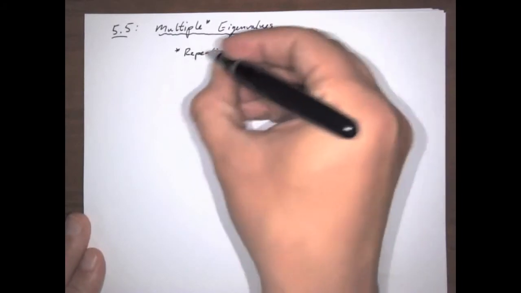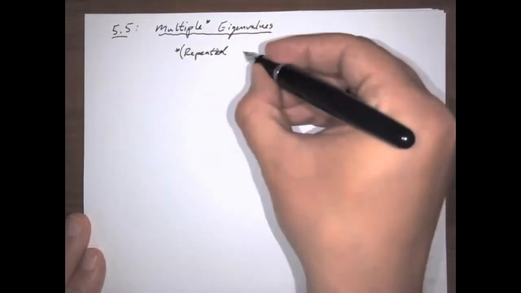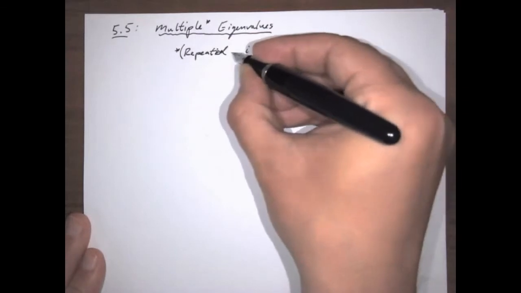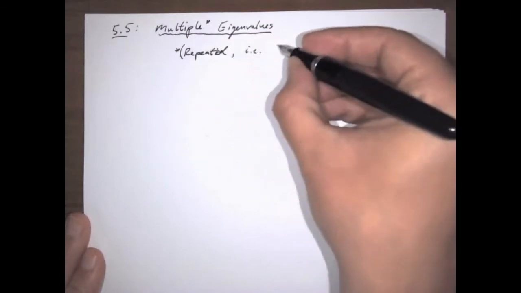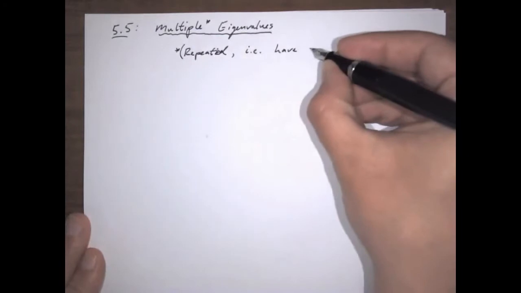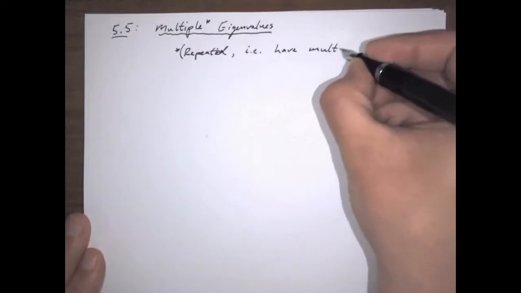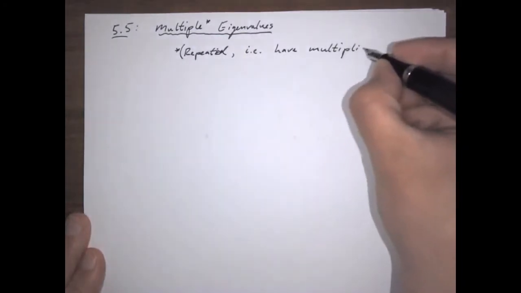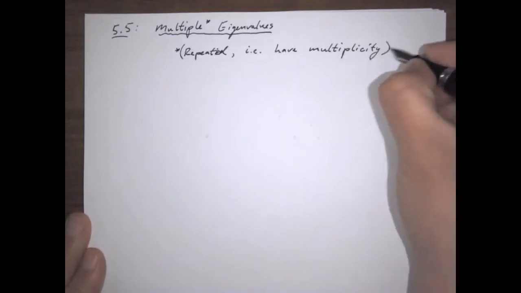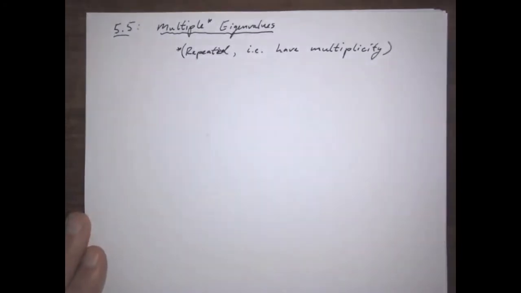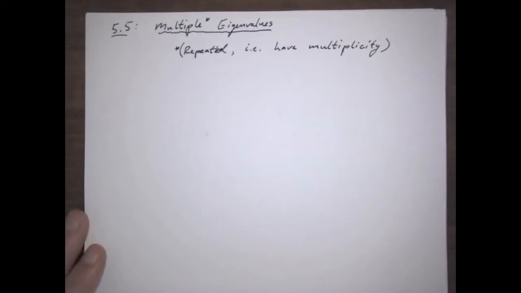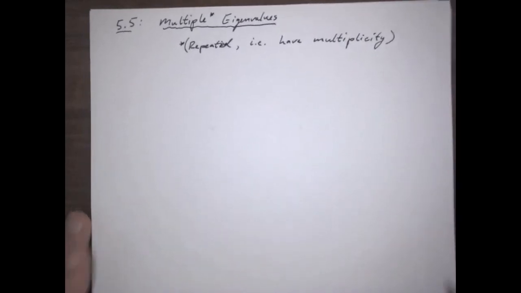Repeated eigenvalues, in other words, they have multiplicity. So by multiple, it really actually means single, but anyway.